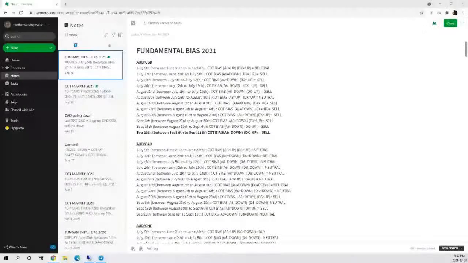Okay, so I'm just gonna share my screen, and we're gonna look at the Forex pairs here that will be moving for the week. Perfect.